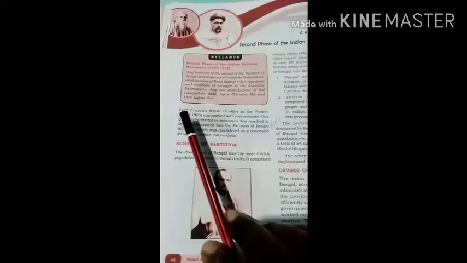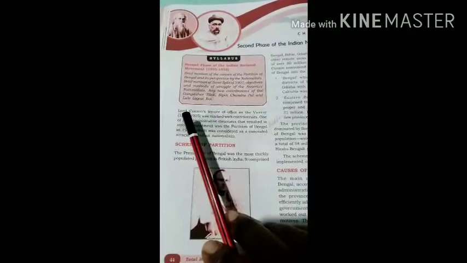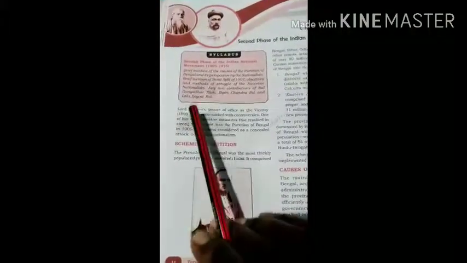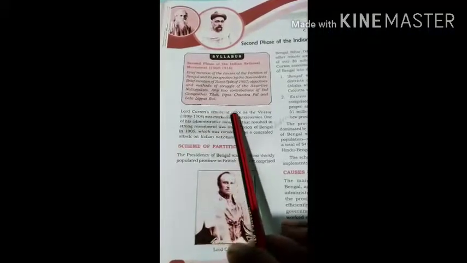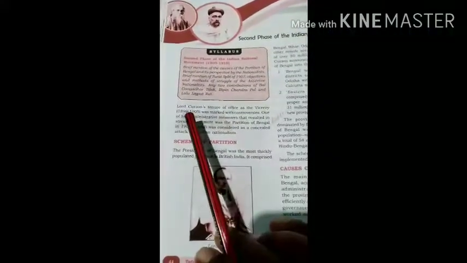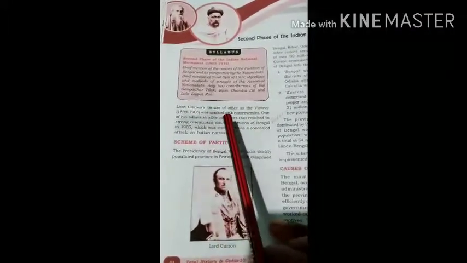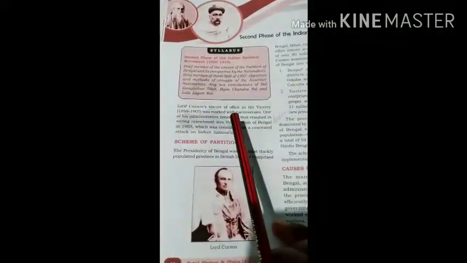So let us start with the first paragraph. Lord Curzon's tenure of office as a viceroy from 1899 to 1905 was marked with controversies.